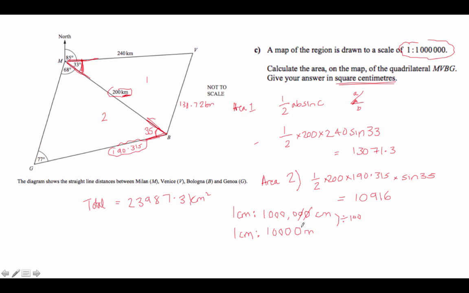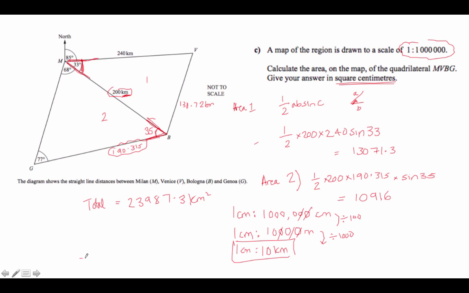And then we can change 10,000 metres into kilometres. So 1 kilometre is 1,000 metres. So if we were to convert this into kilometres, dividing by 1,000, we'd get 10 kilometres. So this scale means that 1 centimetre on the drawing represents 10 kilometres in real life. Okay, but we're not just dealing with length, we're dealing with area.